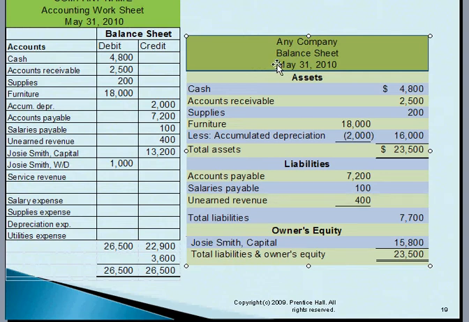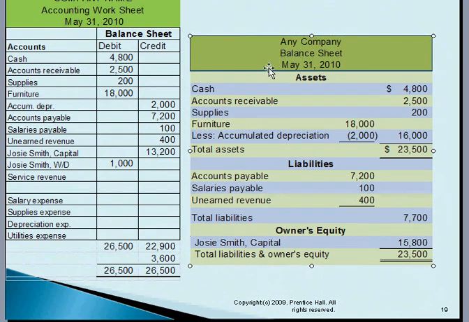Okay? You'll notice one thing here. The date, May the 31st, doesn't reflect the month. It reflects the balances at a particular period of time. The income statement and statement of owner's equity reflected the month's activities, but this balance sheet is the account balances at a particular date in time.